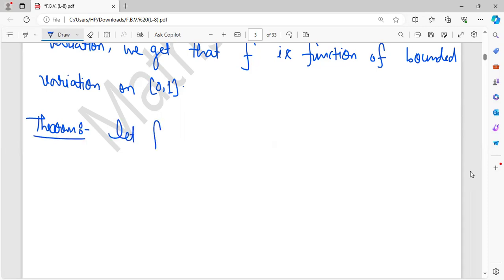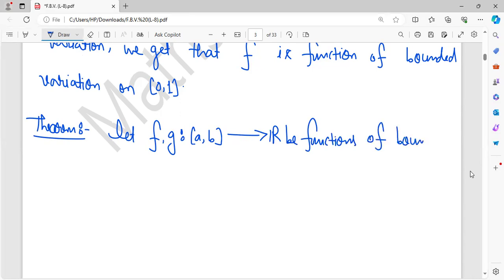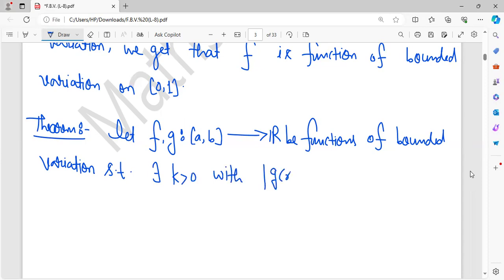Let f and g from closed interval [a, b] to R be functions of bounded variation such that there exists k greater than 0 with the absolute value of g(x) greater than or equal to k for all x belongs to closed interval [a, b].